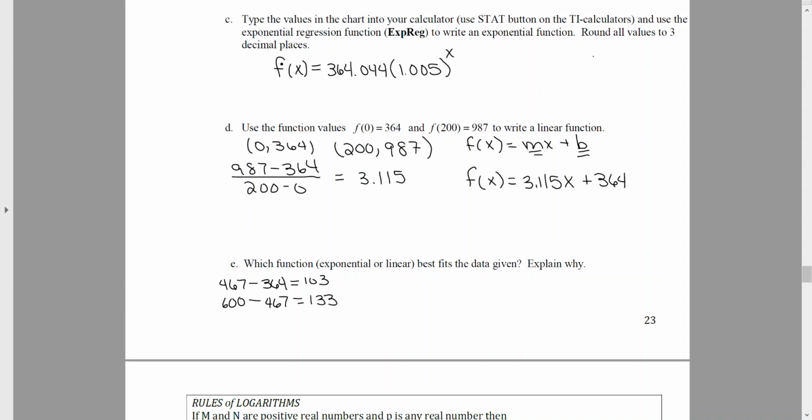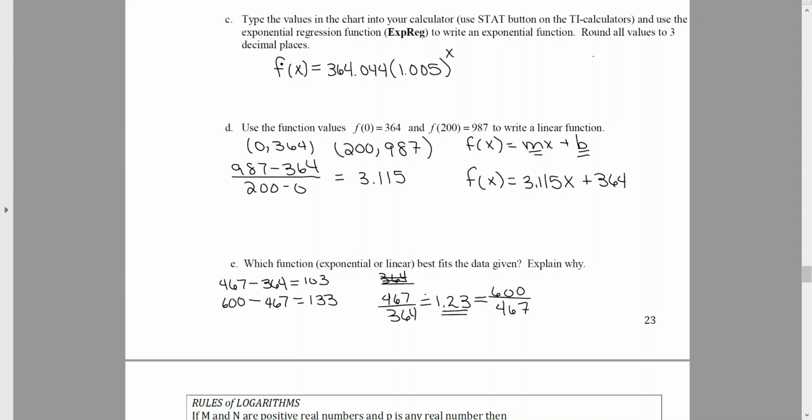But if I look at the ratios, in other words, if I take 467 divided by 364, that ratio comes up to be about 1.23. Right. And if I take 600 divided by 467, I get about the same ratio.